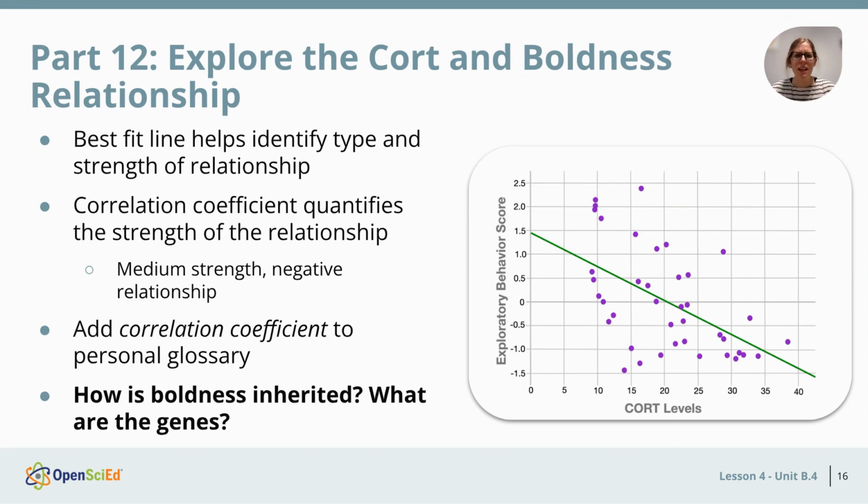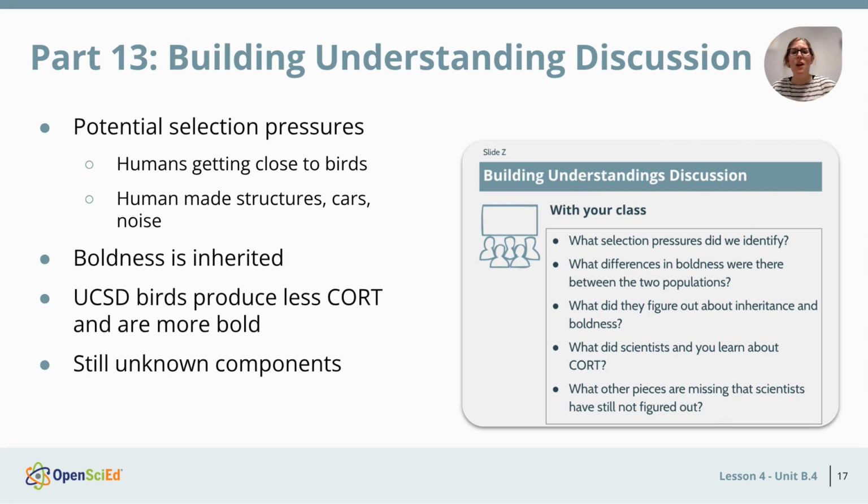And again, we're thinking about that question the students are bringing up: how is boldness inherited? What are the genes? Part 13, we'll have our building understanding discussion. Potential selection pressures, so humans getting close to birds, human-made structures, cars, noise in that urban environment, that boldness is inherited, that the UCSD birds produce less cort and are more bold.